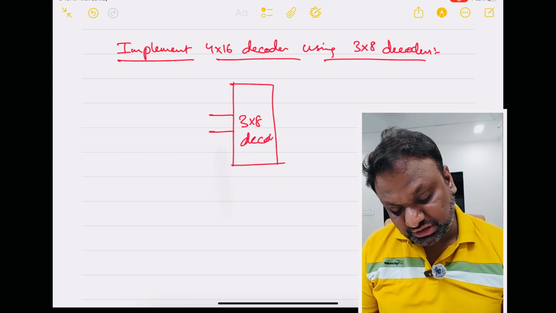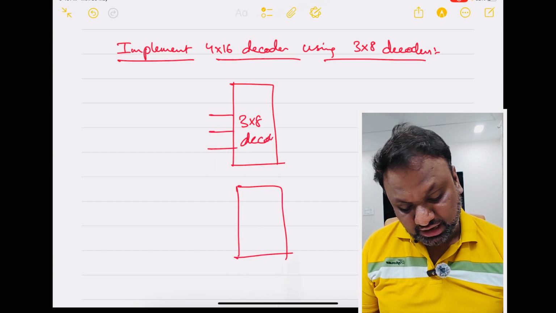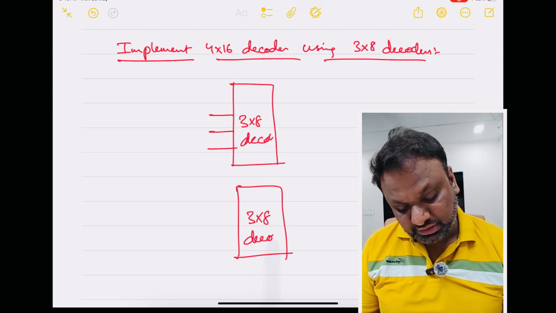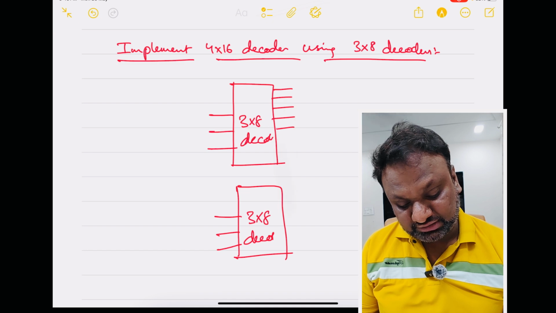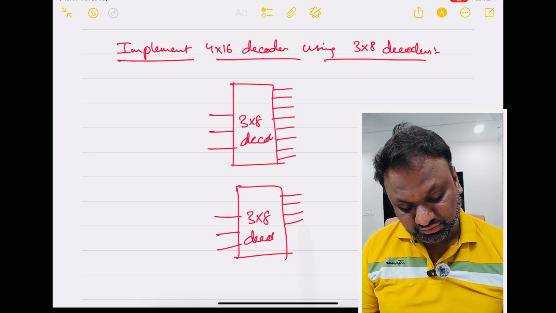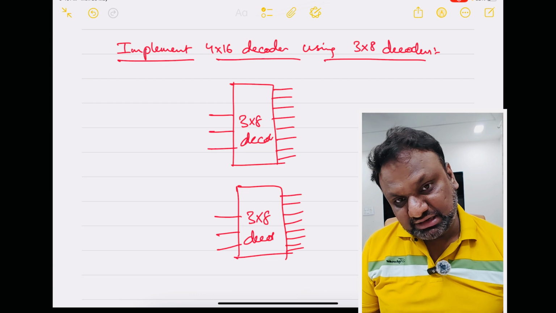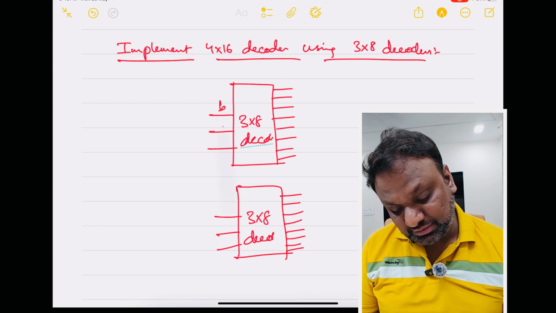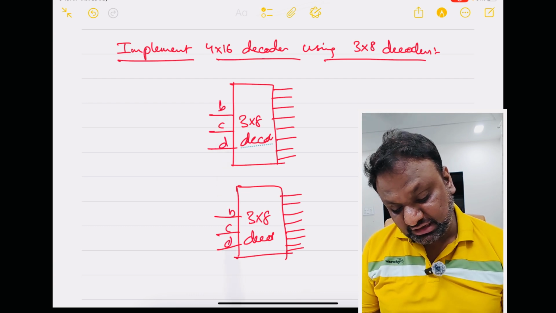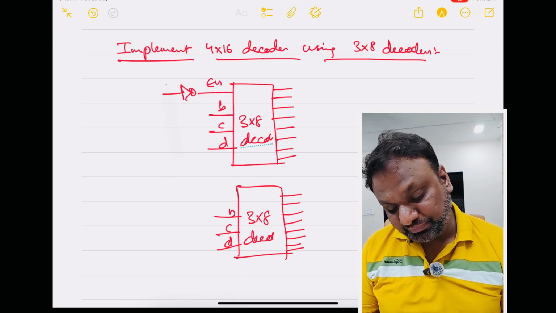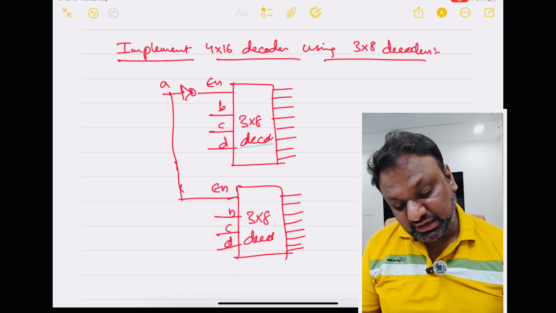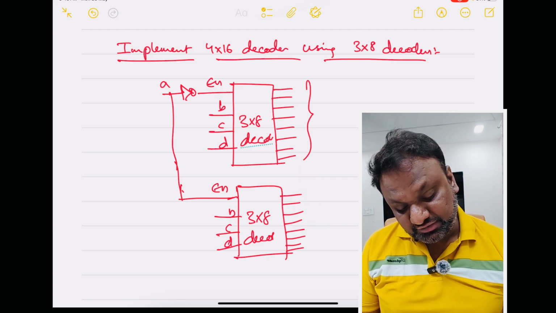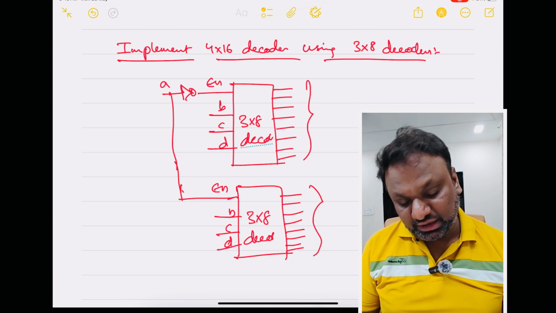Okay, 1 2 3, and I have another 3 to 8 decoder, 1 2 3. 16 outputs are there. So the inputs will be BCD here and BCD here, and the A input will be used as the enable signal. So when A is equal to 0, you get the output from here. When A is equal to 1, you get the output from this particular decoder.